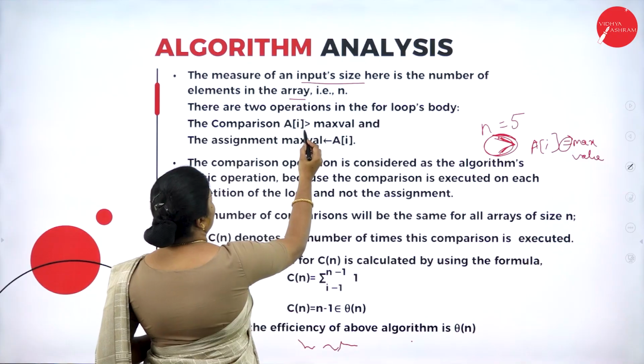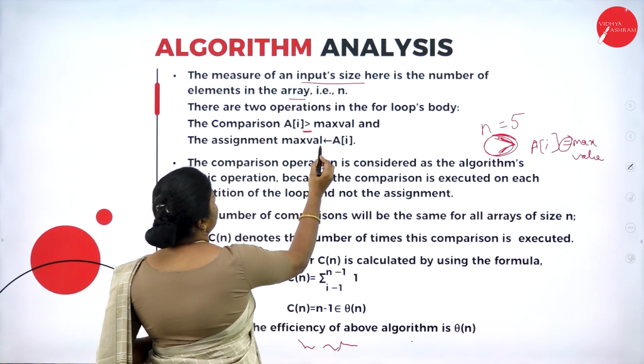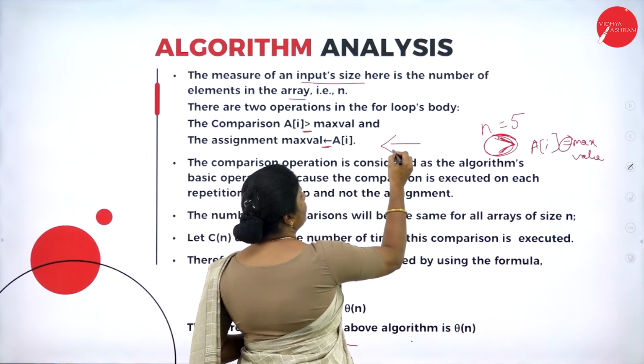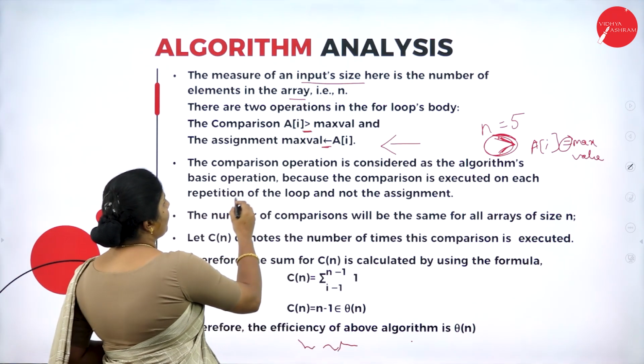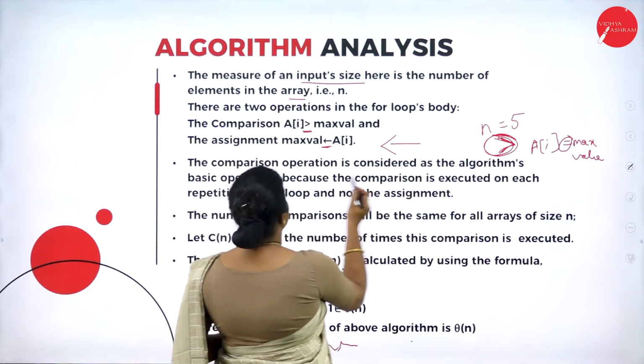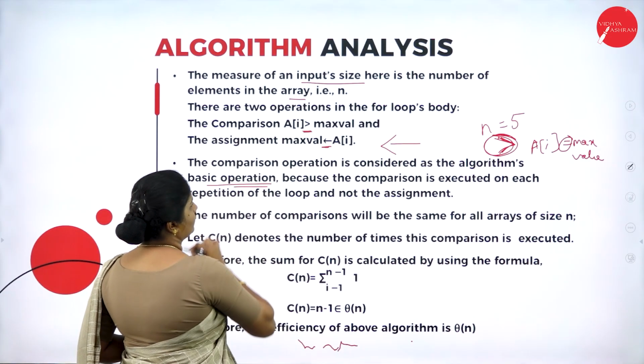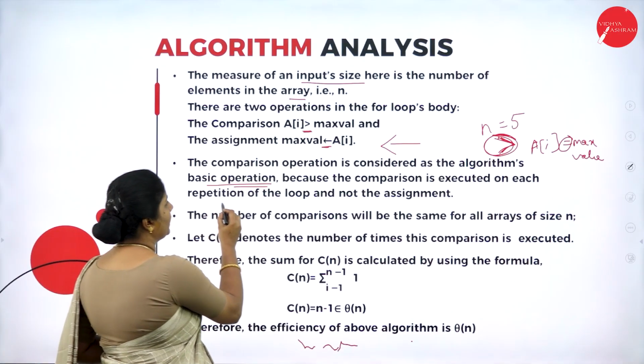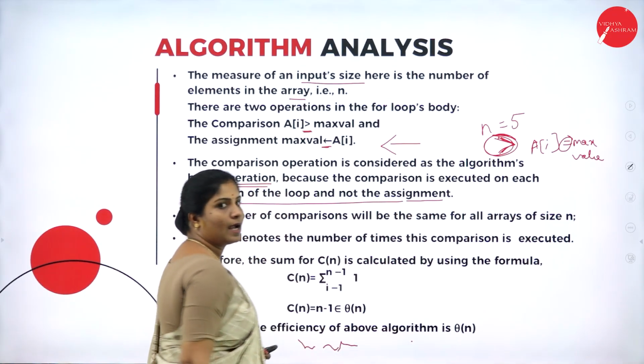In the algorithm, the assignment operator is denoted by the left arrow. The comparison operation is considered the algorithm's basic operation because the comparison is executed on each repetition of the loop and not the assignment.